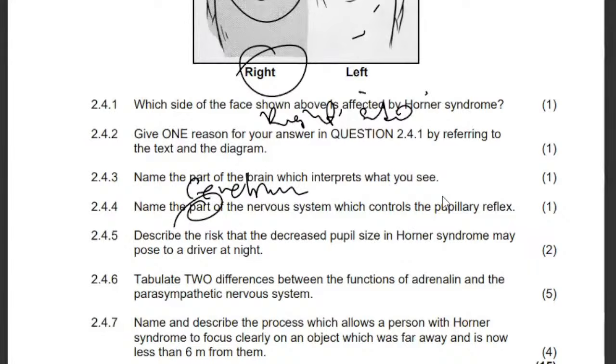So they're saying the part of the nervous system which controls the reflex. So this is the autonomic nervous system, the sympathetic and parasympathetic, which allows the control of the amount of light entering the eye, in most cases during dim and bright light. So basically, here is the autonomic nervous system. You have to write it in full.